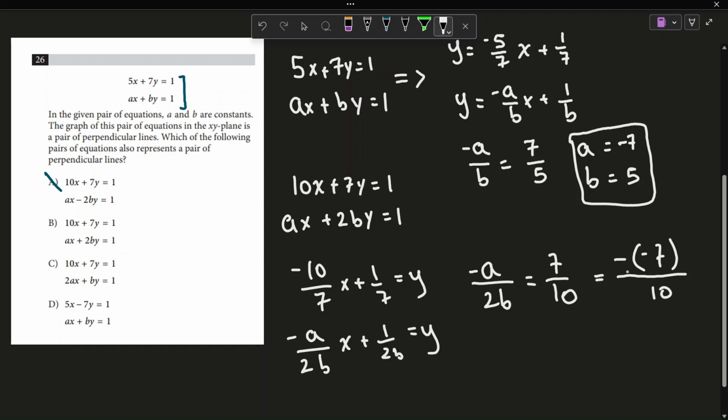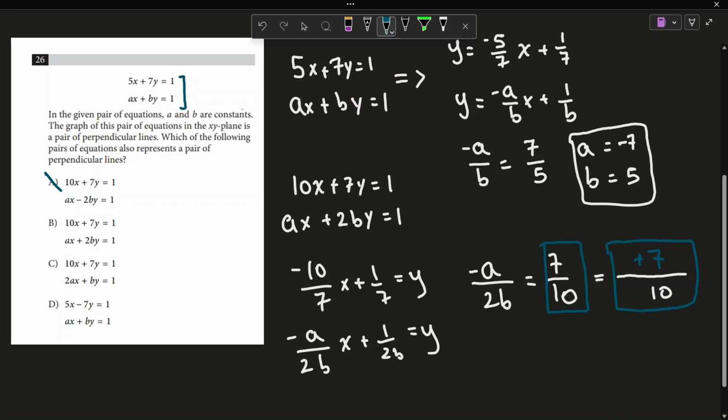With double negatives, that becomes a positive, so negative 7 becomes positive 7. When we compare 7 over 10 to the answer we got, we realize they're the same.